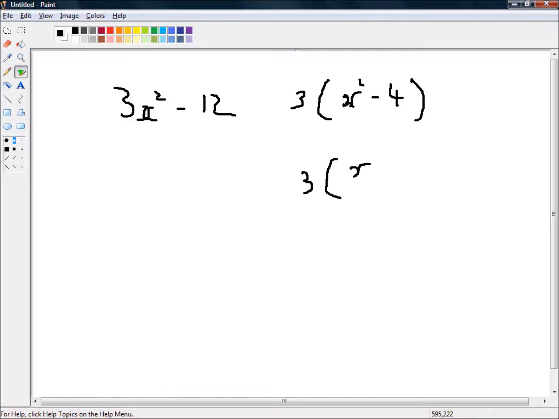So that's x minus 2 into x plus 2. So sometimes the difference of two squares might not necessarily look obviously the difference of two squares, but even if these numbers are not square numbers, there is nothing wrong with you putting radicals inside the brackets.